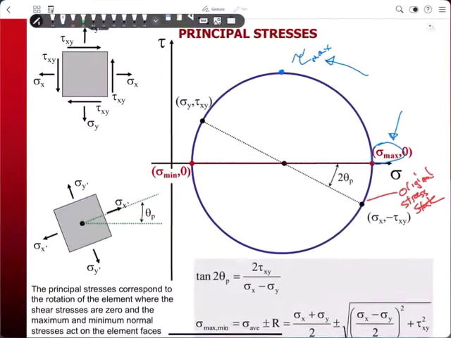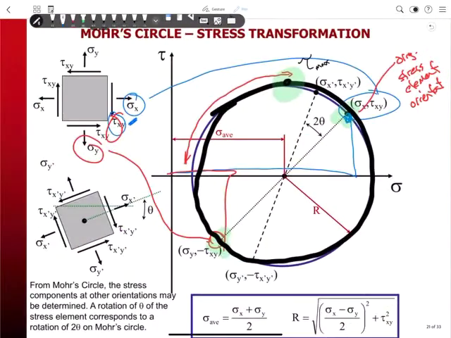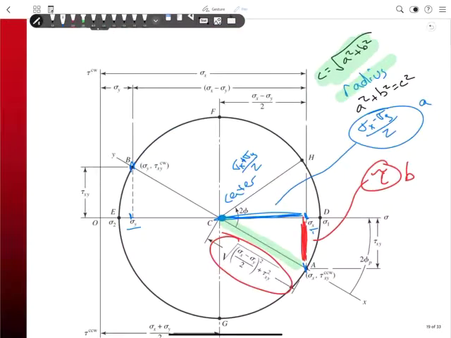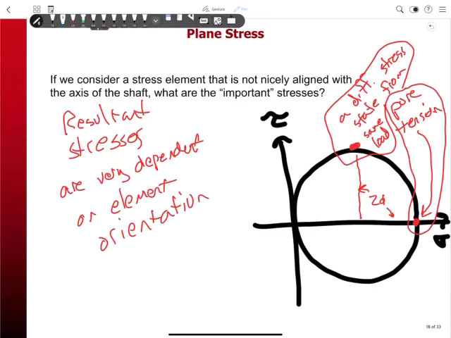Why is that? Because on the Mohr's circle, it's 90 degrees away from the original pure tensile state, which means in reality, it's only 45 degrees away from the original stress state, right?